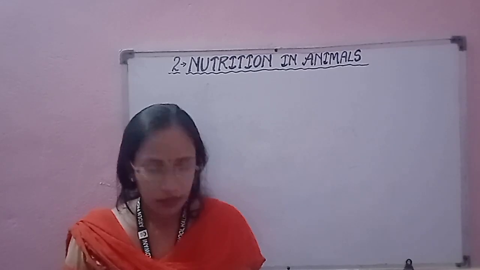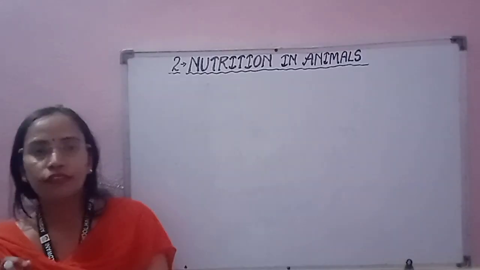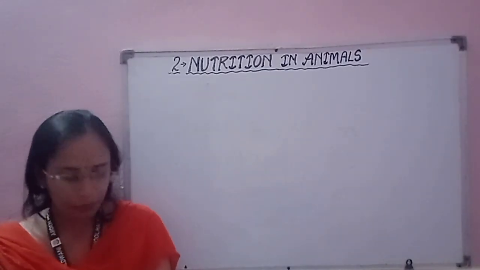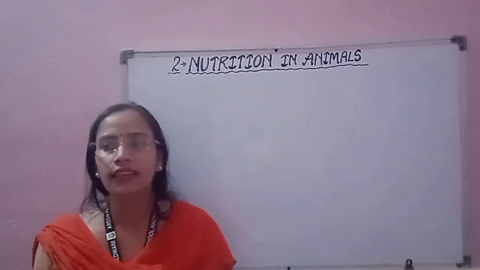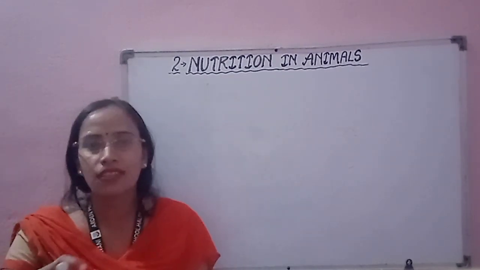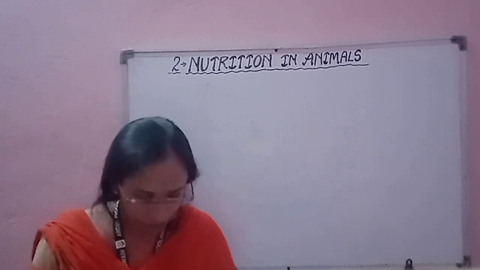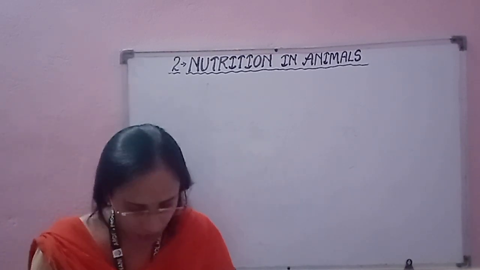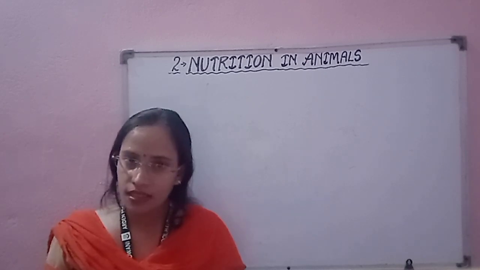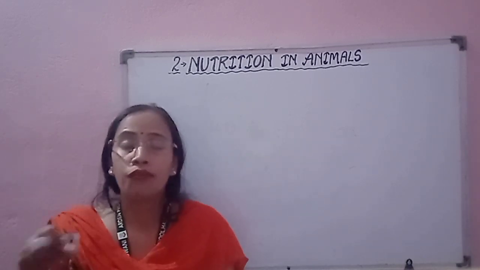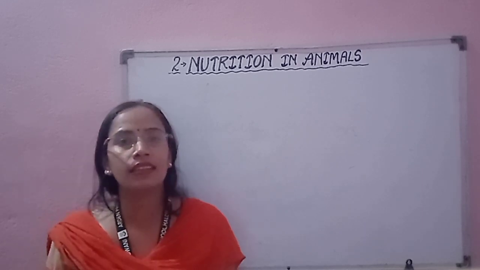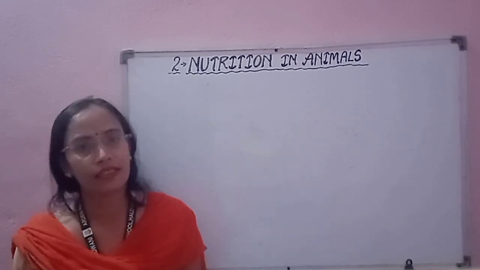Now you have to give the correct answer. I am reading it. Fat is completely digested in the... Where does the complete digestion of fat take place? In stomach, in mouth, the third one is the small intestine and the fourth one is the large intestine. So the fats are completely digested in the small intestine.